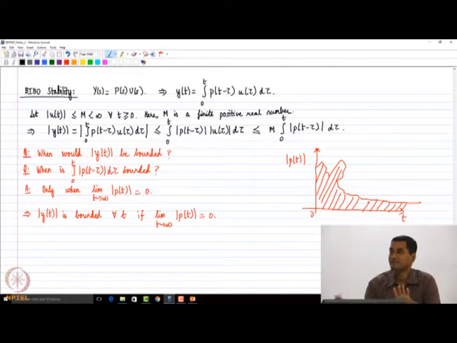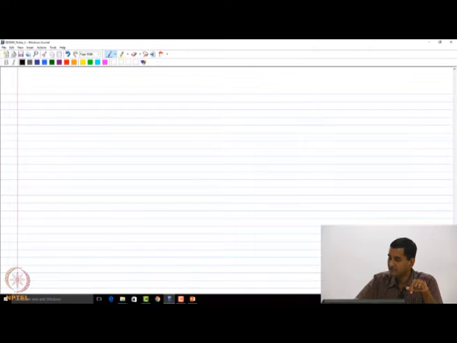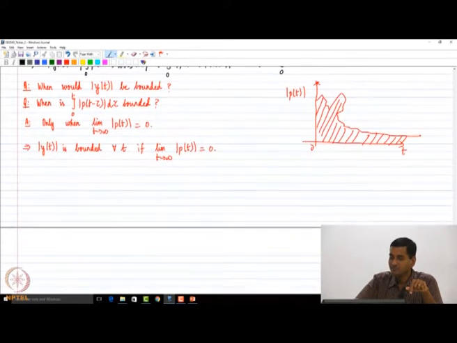We are only done with half the derivation. I hope it's clear till this point. We want to figure out when the system will be BIBO stable. For any bounded input, when will the output be bounded? We figured out that the output is bounded if the limit of the magnitude of the impulse response goes to 0 as t tends to infinity.